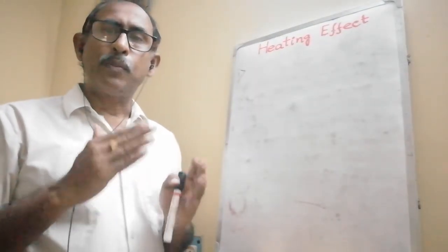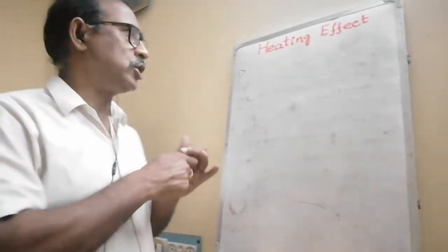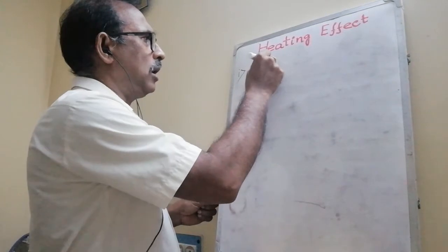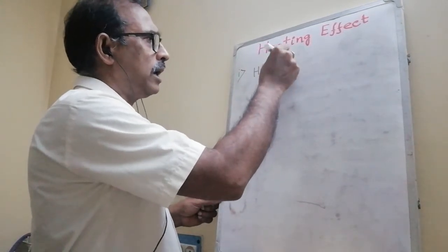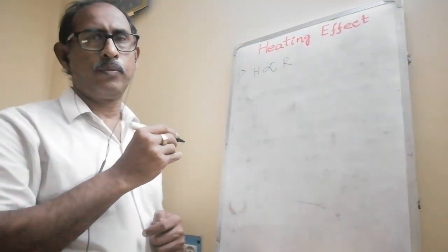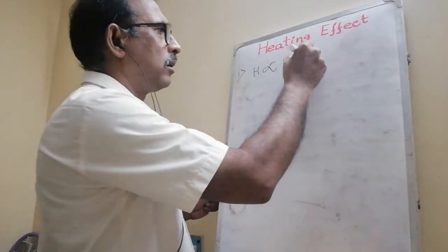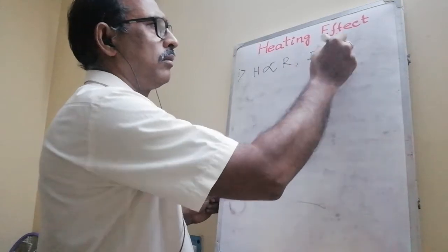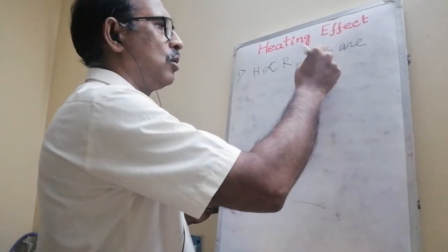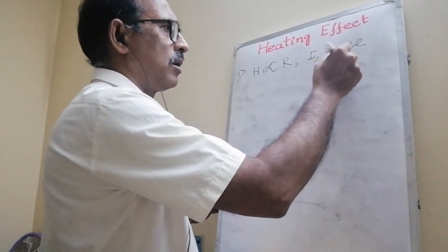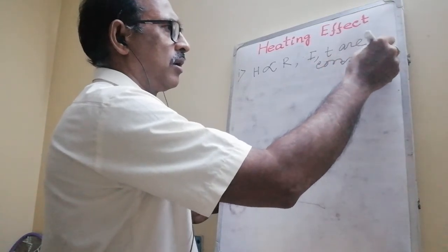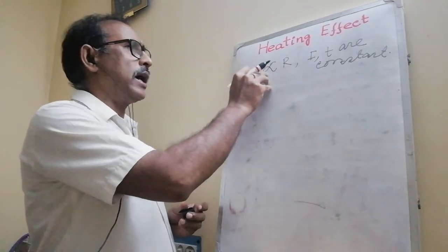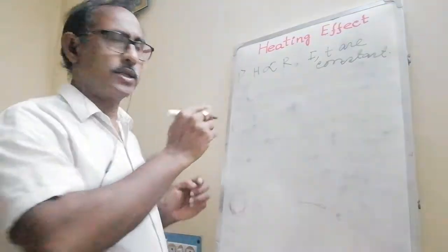Here the produced heat H is directly proportional to the resistance, where current electricity and time must be constant.